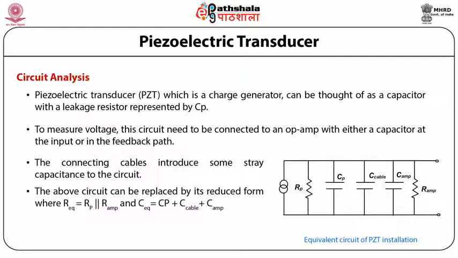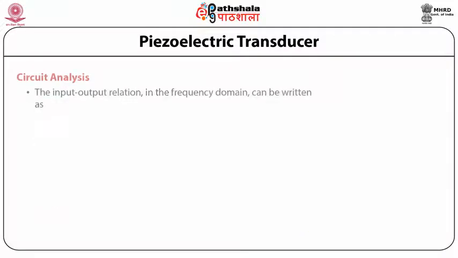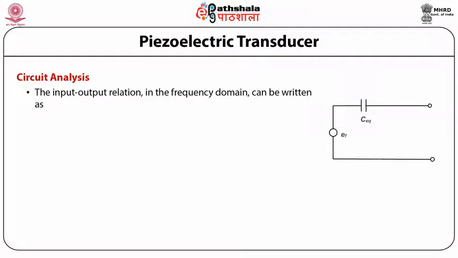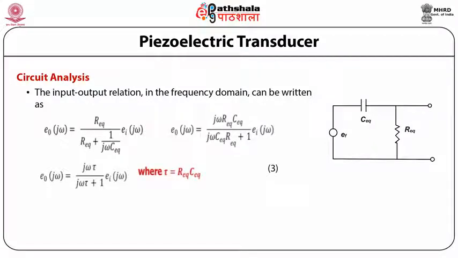So students, this figure shows the equivalent circuit of piezoelectric transducer installation. And this circuit can be replaced by its reduced form, where R equivalent equals Rp parallel to R amp and C equivalent is equal to Cp plus C cable plus C amp. The input-output relation in the frequency domain can be written as E naught j omega equals R equivalent divided by R equivalent plus 1 by j omega C equivalent, multiplied by Ei j omega.